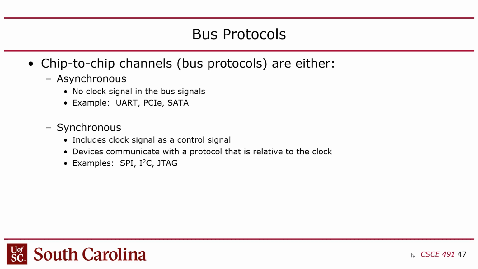Well, there are various ways to go about that. In some cases, you just agree on a clock rate between the transmitter and the receiver. You pre-agree on a clock rate, and then they just have independent clocks that run at that rate. But that's not great, because even though both clocks may be at the same frequency, they're not in the same phase.